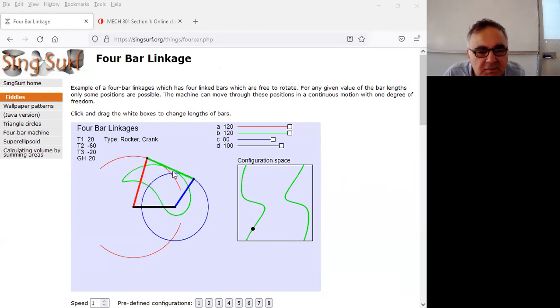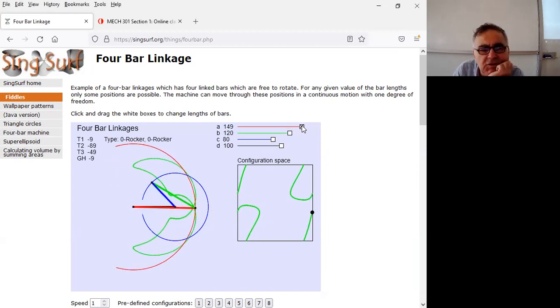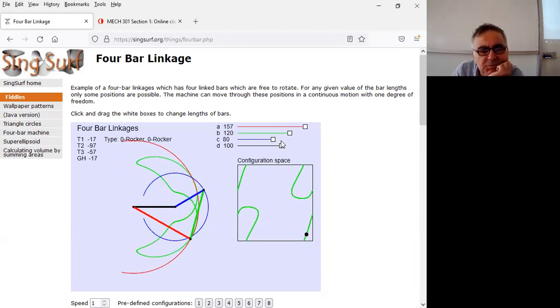And the connecting rod, the green one, makes a rotary motion, and some point on it makes this strange, interesting motion. You can play with the link lengths, for example, and change the possible motions.